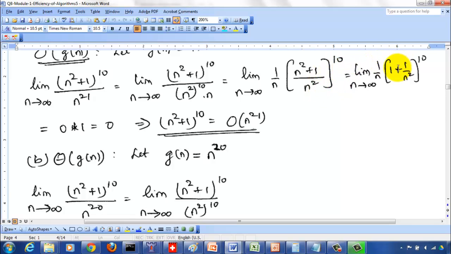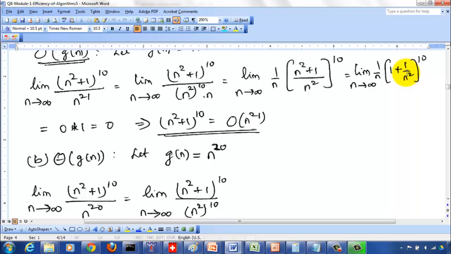Now if you apply the limit, 1 over infinity is 0, times 1 plus 0, so 0 times 1 is 0. Which means the numerator goes slower compared to the denominator. So (n square plus 1) raised to 10 is always less than n to the 21. So I can say it's big O of n to the 21.